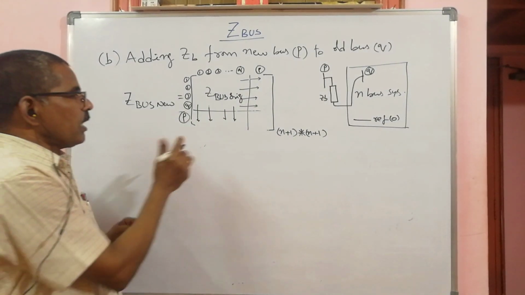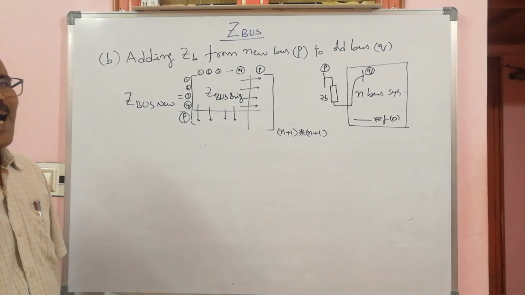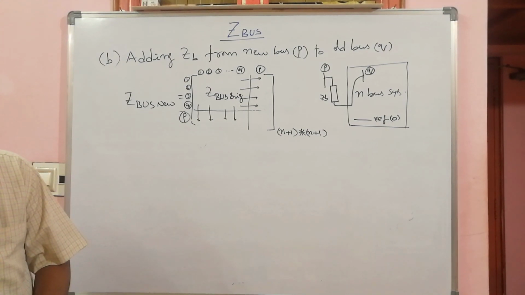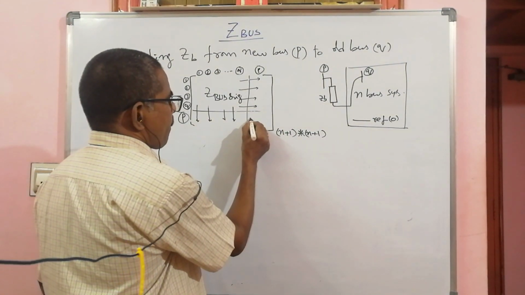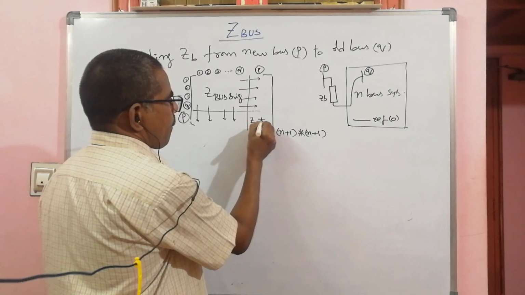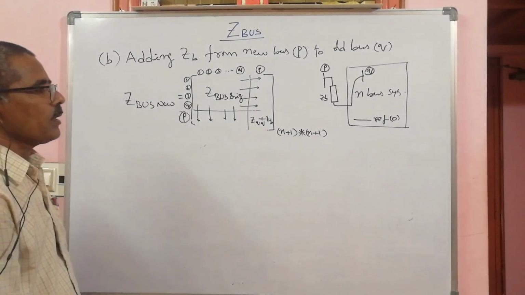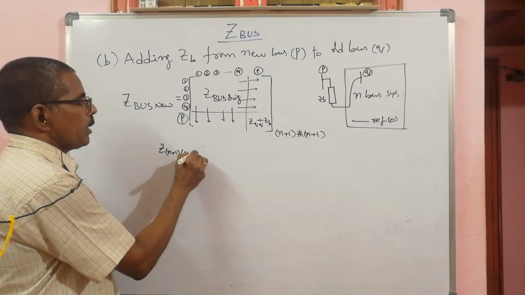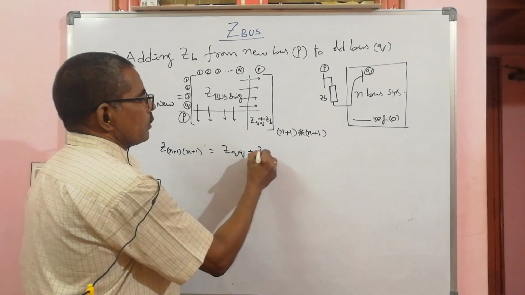And then what is this? Zn plus 1 n plus 1, that is the diagonal. The diagonal is Zqq plus Zb.